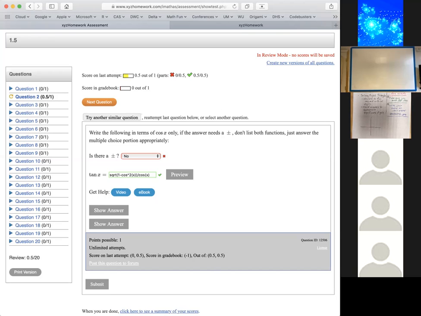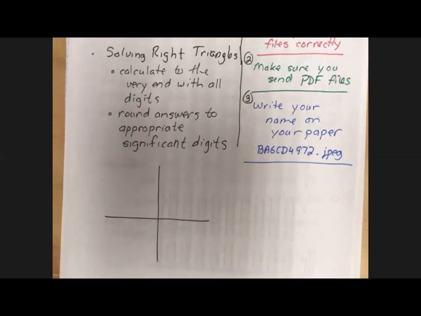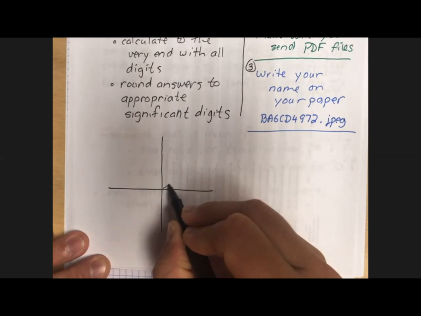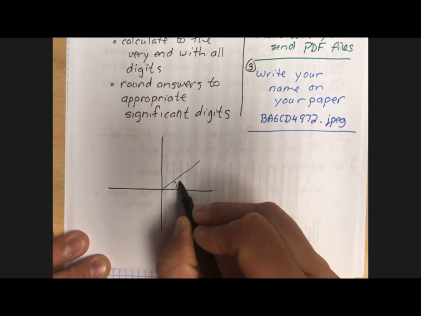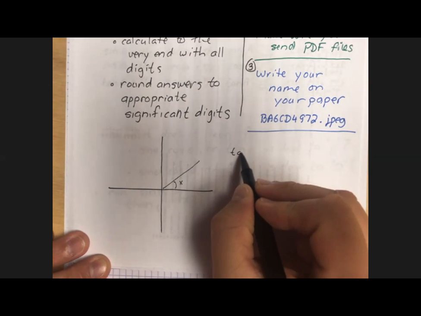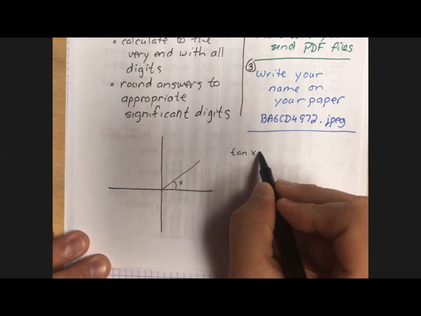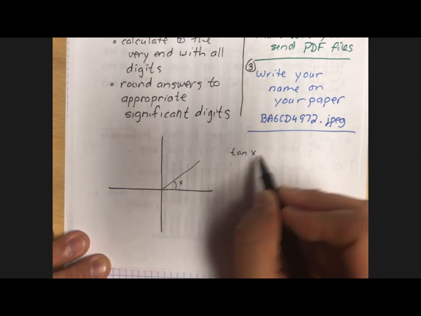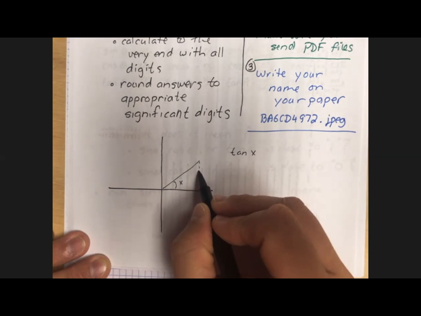So let me switch back to my paper. And I've got this angle X. Maybe the angle X is right there. And then I've got the tangent of X, which is defined to be, using X for angle and X for side length is kind of destructive, isn't it?